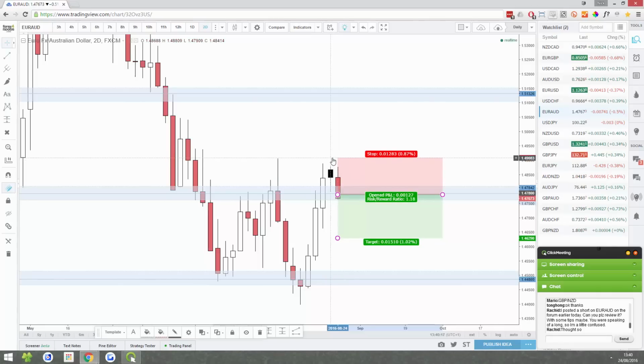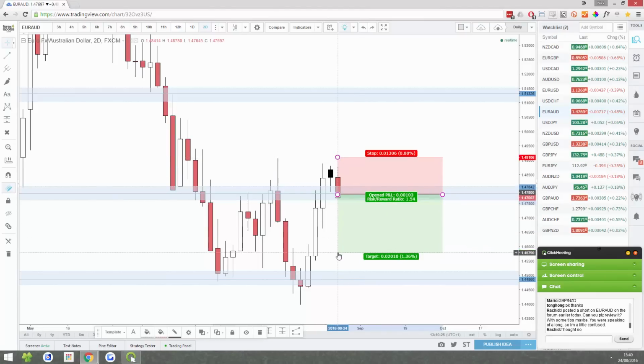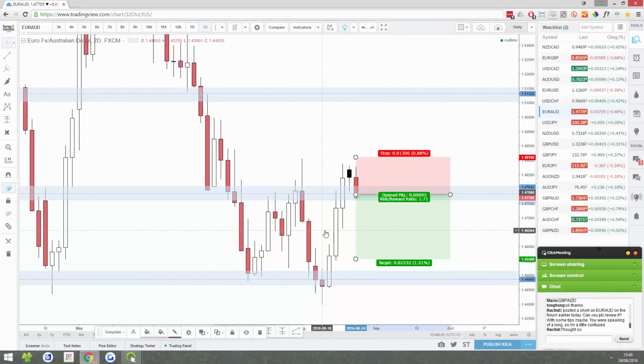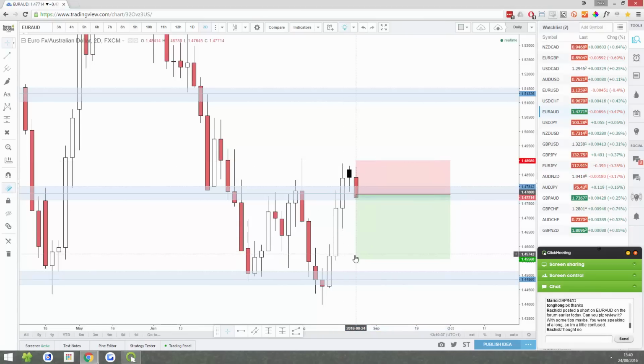Or even a tad higher wouldn't be bad. Of course, you'd have to extend your target a little bit in that case, but your target's fine to be extended. Yeah, this is not a bad trade setup. It looks okay.